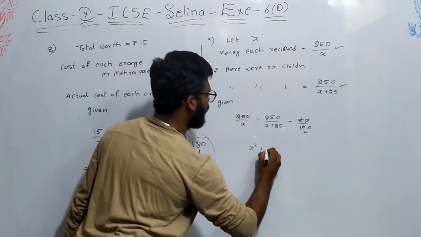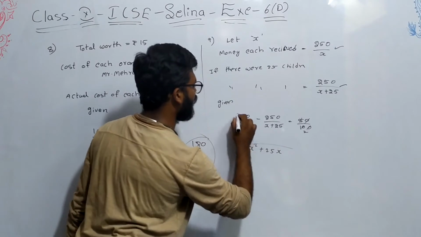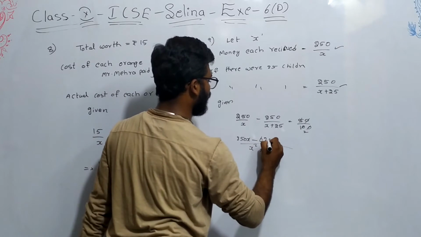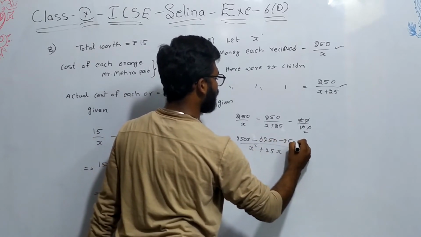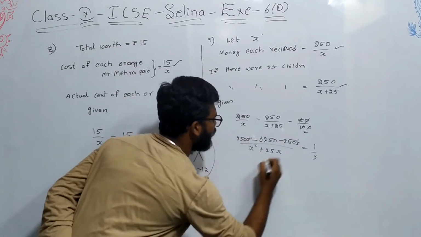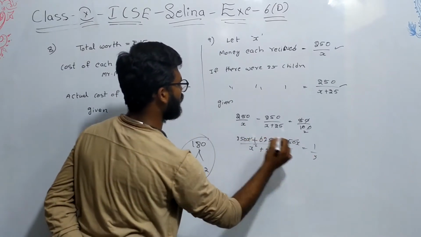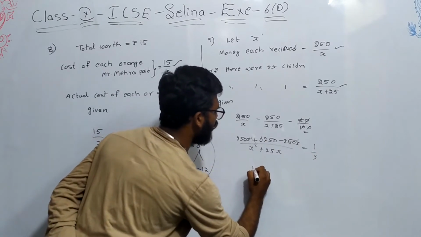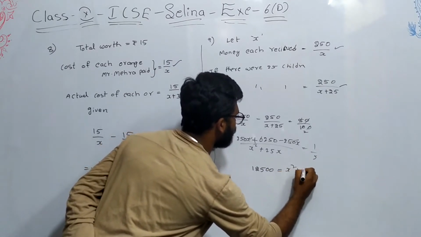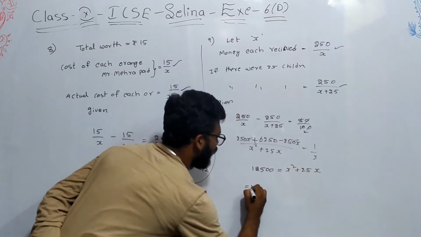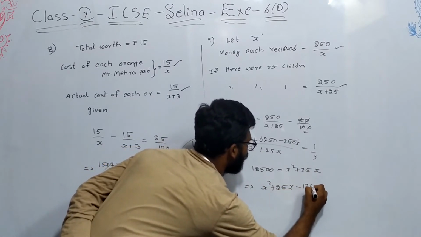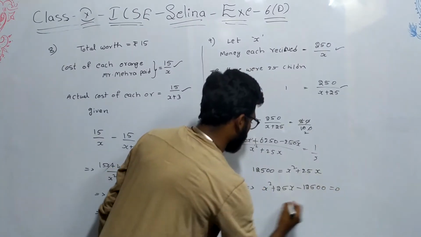So x square plus 25x is the LCM. 250x plus 6250 minus 250x is equal to 1 by 2. So these two will get cancelled. So multiplying, 6250 into 2, 12,500 is equal to x square plus 25x. That implies x square plus 25x minus 12,500 is equal to 0.